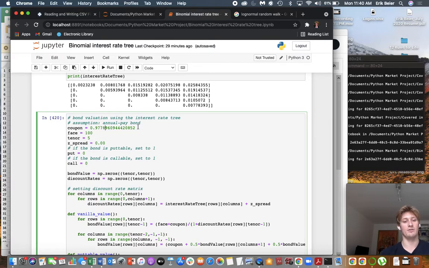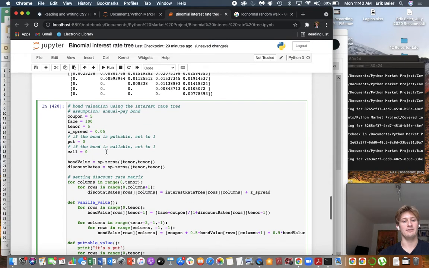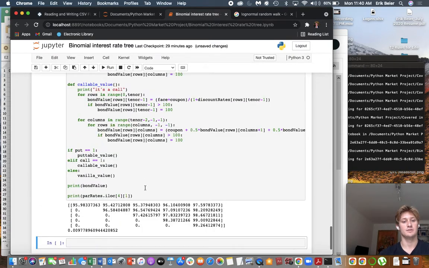Let's say we have a corporate bond with a 5% coupon, and it's a little bit risky, so we'll put in a spread of 500 basis points. Boom.